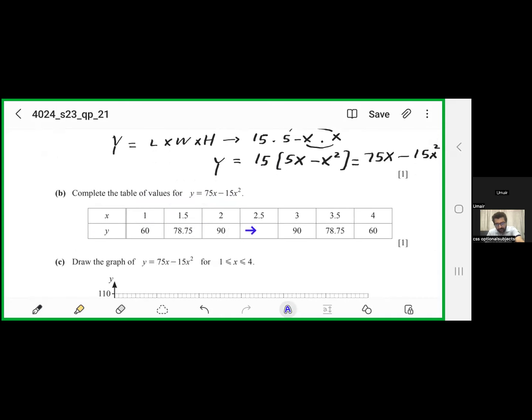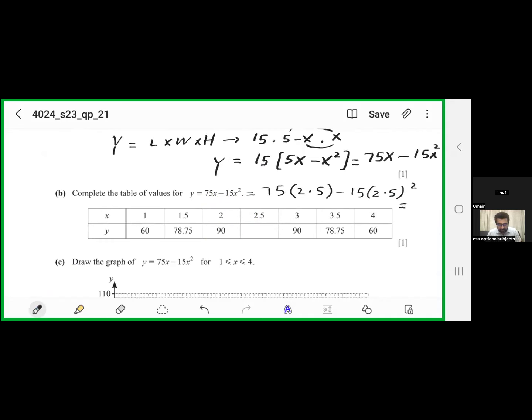Against this value of y, you have to substitute x equal to 2.5 in this equation. So substituting x equal to 2.5 in this and this place, what will we get? In place of x, substitute 2.5. Again, in place of x, substitute 2.5.